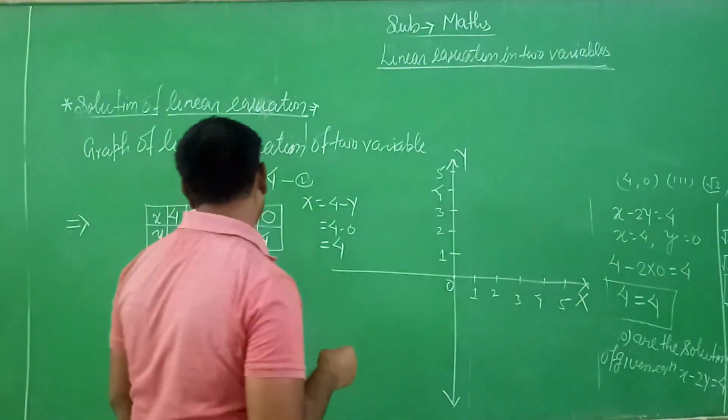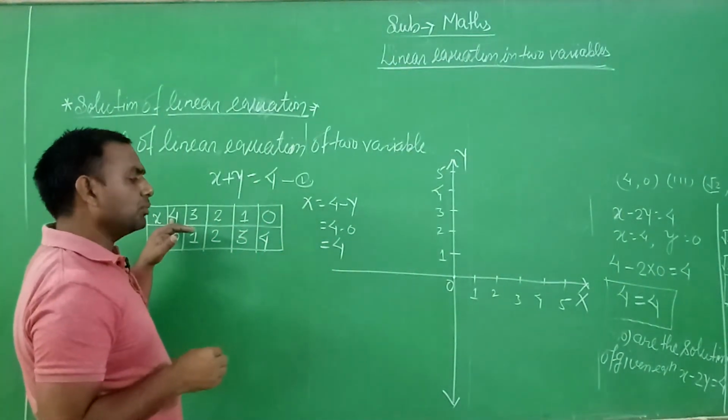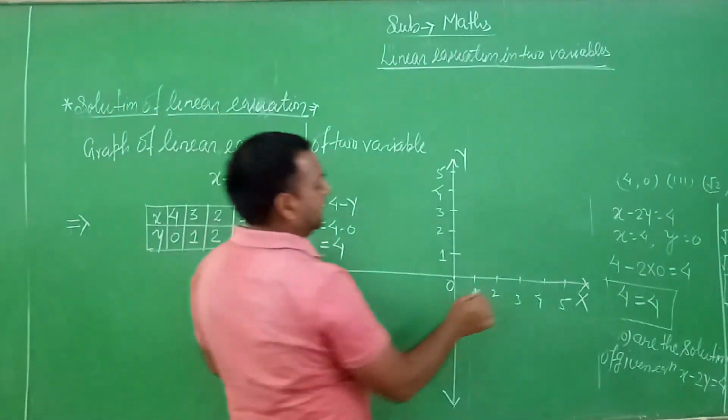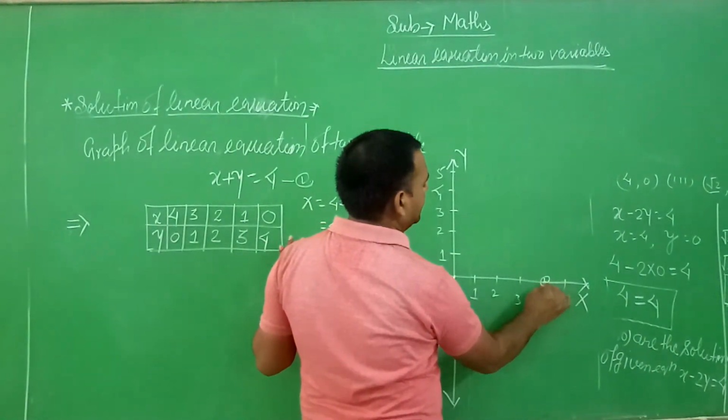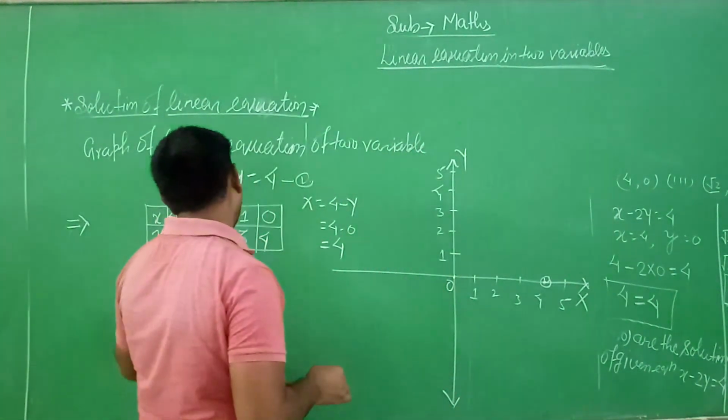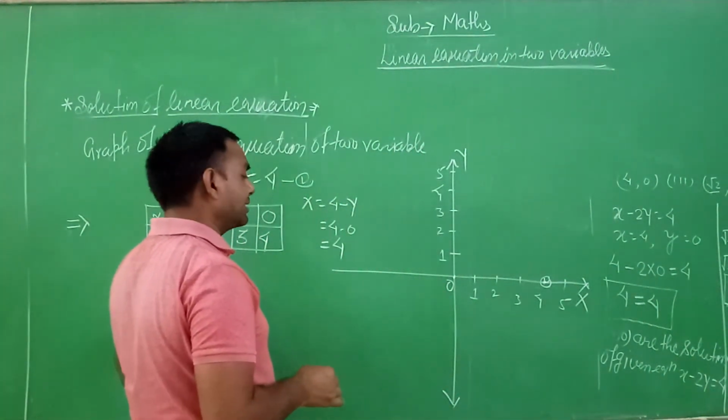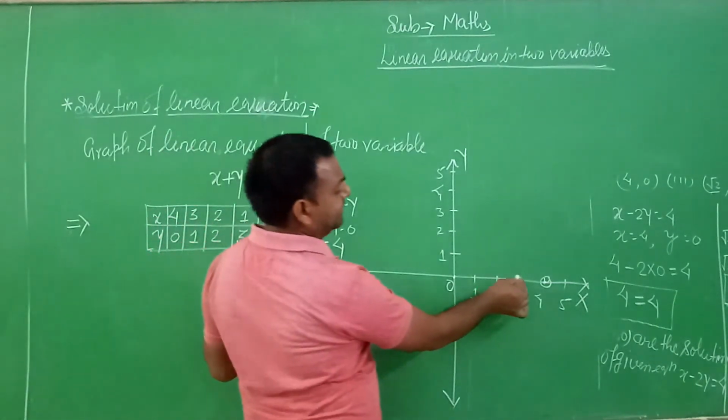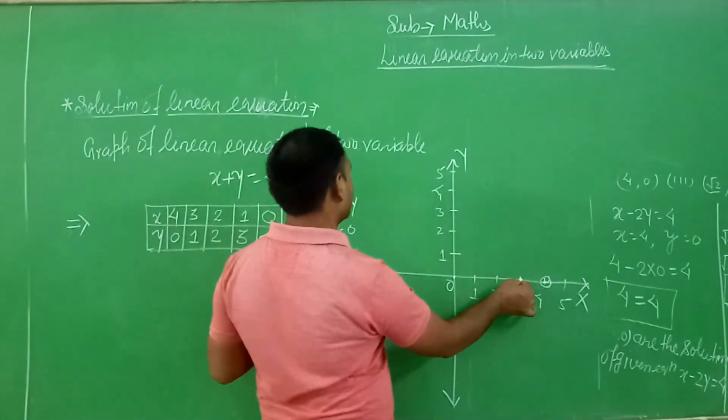I put in the values. If x is equal to 4, then y is equal to 0. If x is equal to 3, then y is equal to 1, so you take this point at 3 and 1.